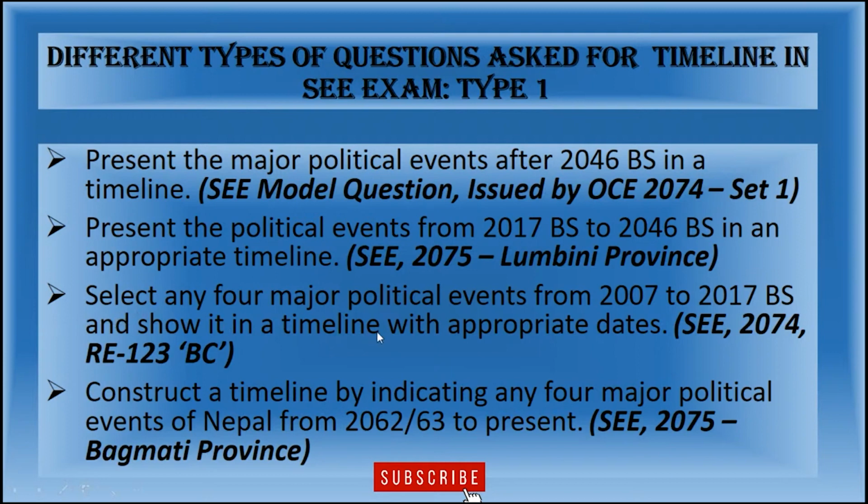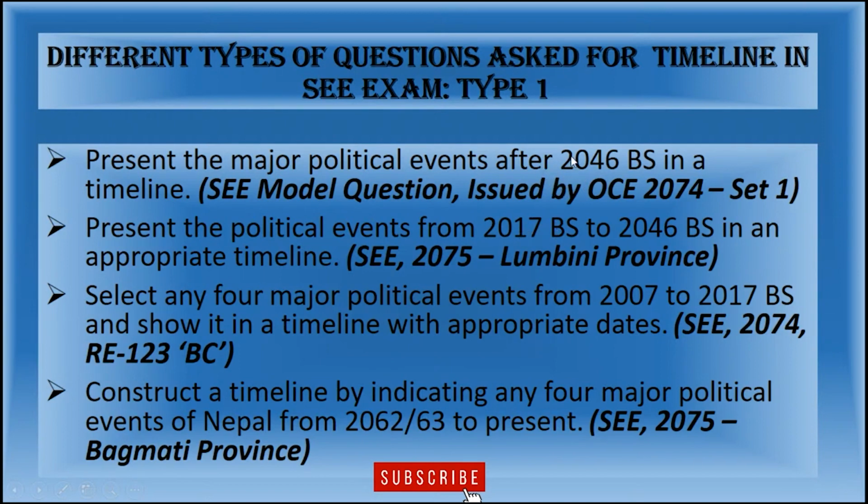Similarly, select any four major political events from 2007 to 2017 BS and show them in a timeline. This is also similar, but here is something different: show it in a timeline with appropriate dates. So it is asking for appropriate dates. In the first two questions, dates are not asked, meaning you can make the timeline having only the year.